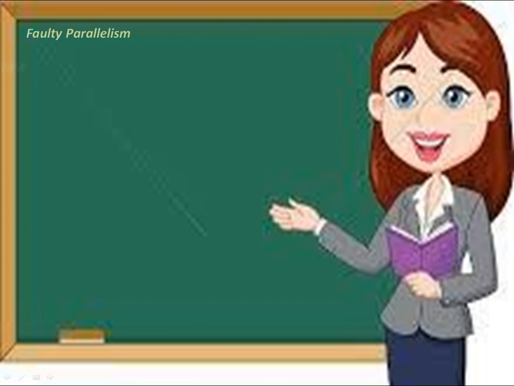So here also it is easy to make parallelism errors with clauses that are joined by correlative conjunctions. So here is an example. My mom will either buy a sari or a suit. Can you spot the problem here? No? So let's make a parallelism stack here.